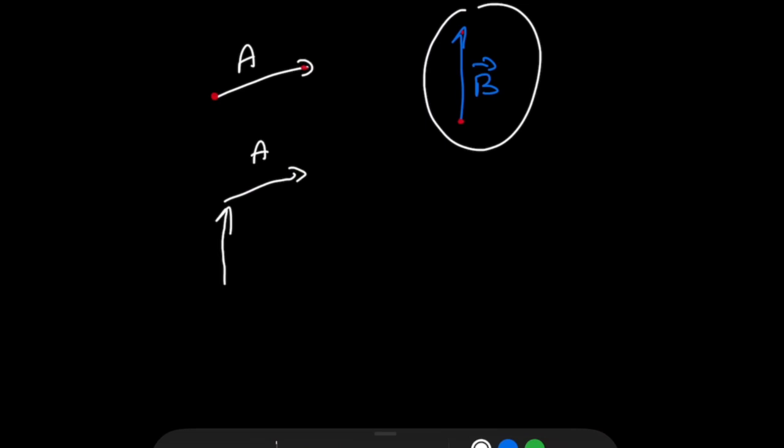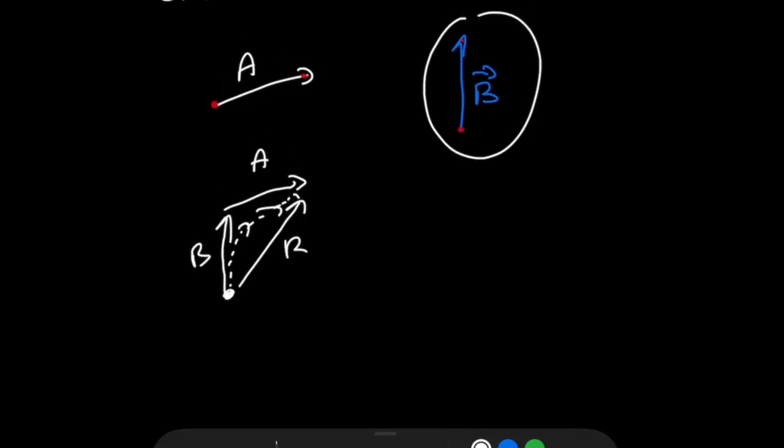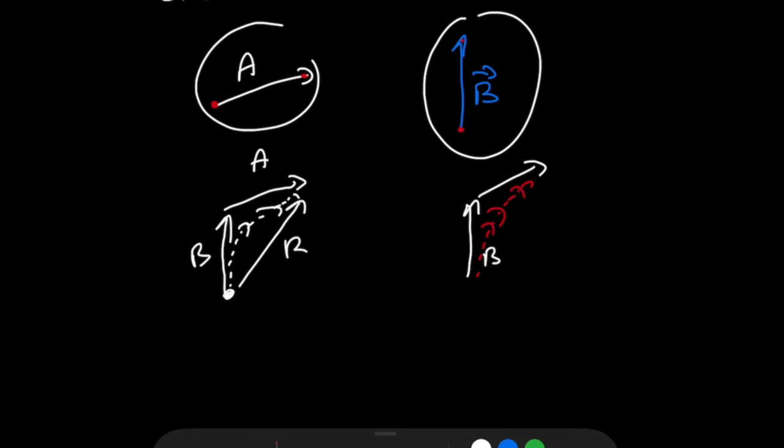This is a, this is b, and you need to follow the arrow, initial, final. If you follow the arrow, you're going to see the R. Or you can add A to B. This is the B. You can add A like this. Again, we can follow the arrow, initial. This is R.